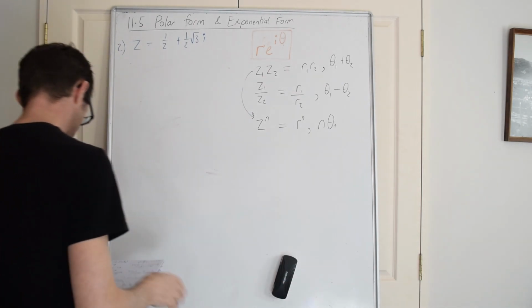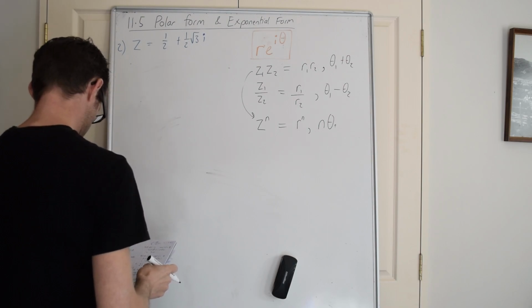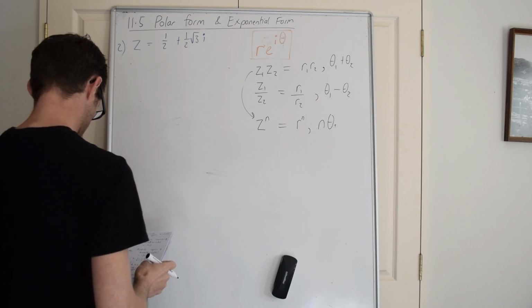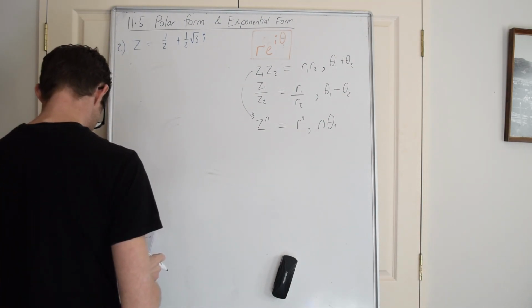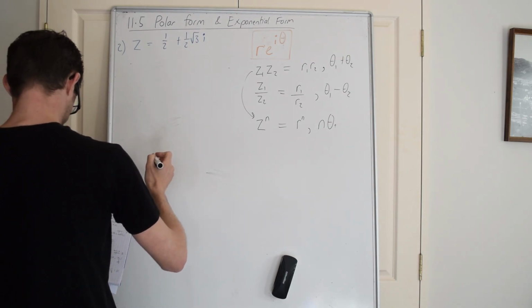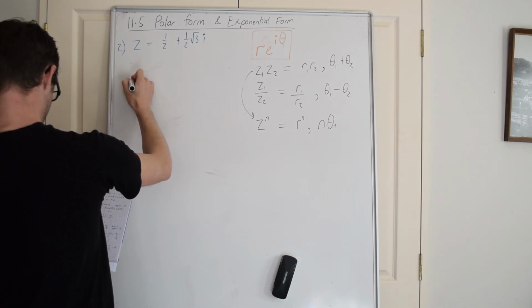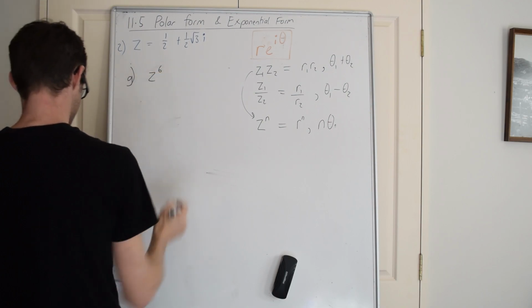What have we got next? We have got G and H, I. I'll just do one more, I think. We've got Z to the power of 6.